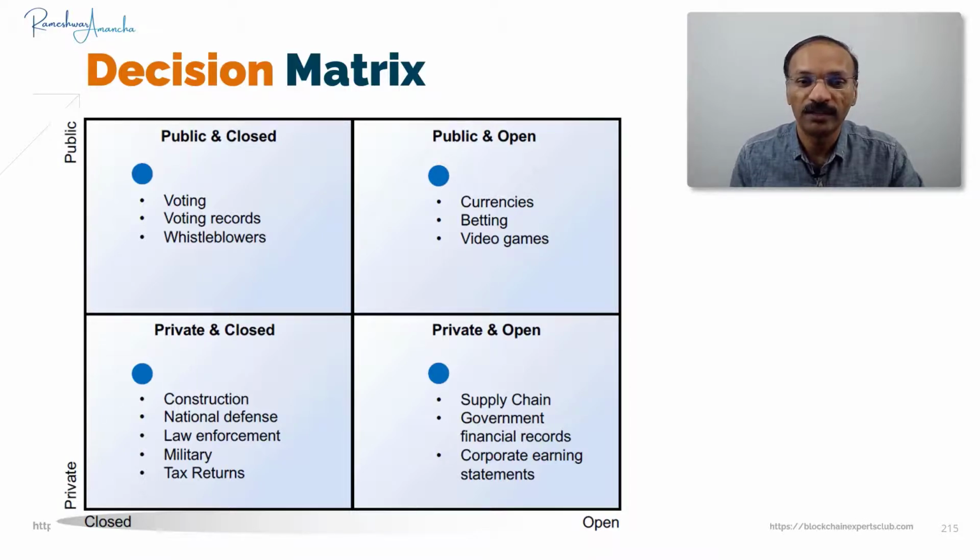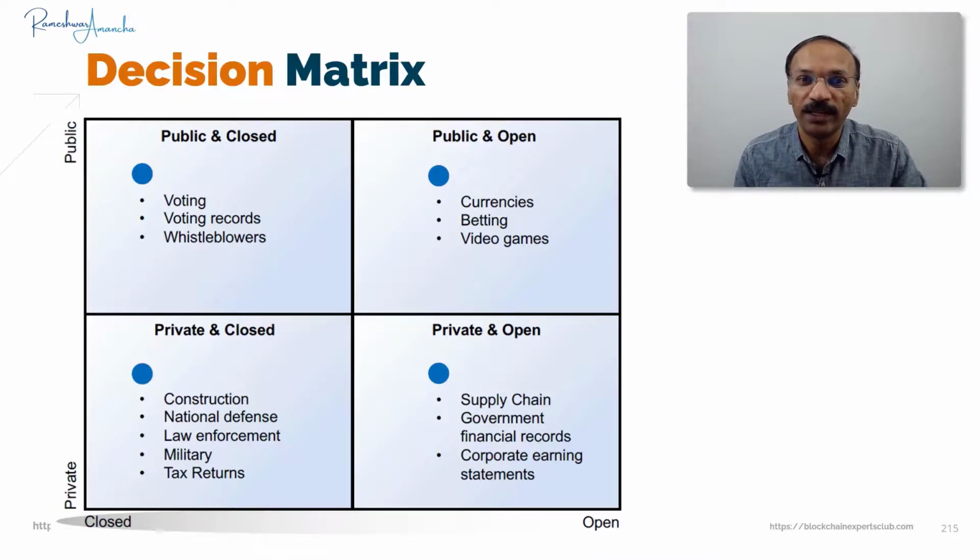Let's say only the voting authority should be able to read the entire data. Though you are contributing, you can look at the results, but not the entire results of who voted how many times and things like that. It's private to you, but at the same time the transparency is there in the voting process. And the voting records will be in the public environment. Anybody should be able to write, and only certain people should be able to read the data. And some of the whistleblowing projects should be in the public closed blockchain environment.